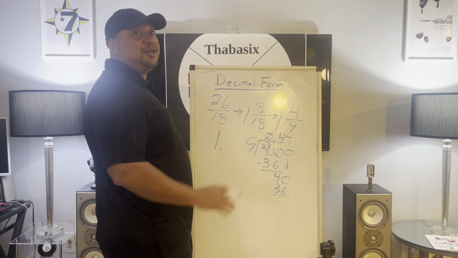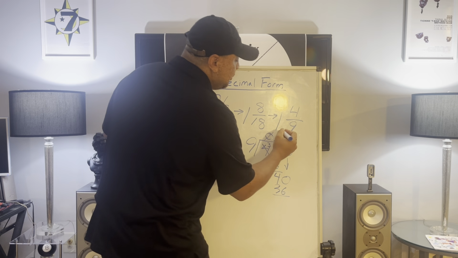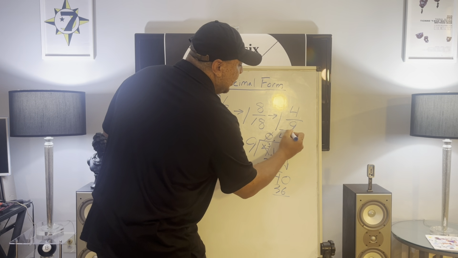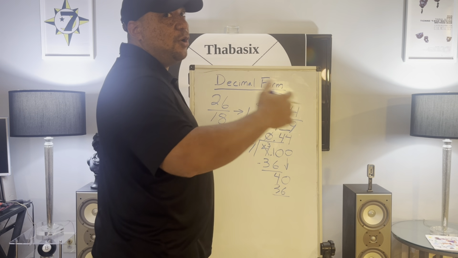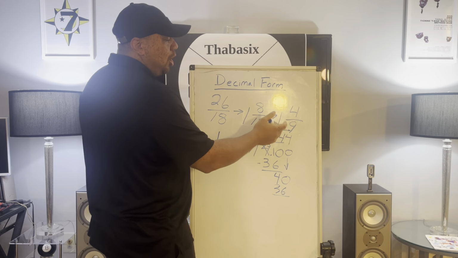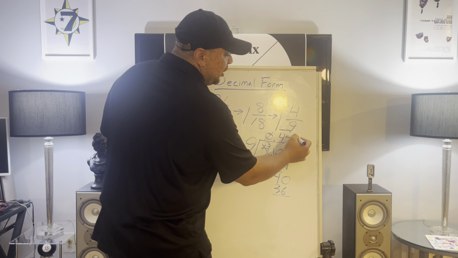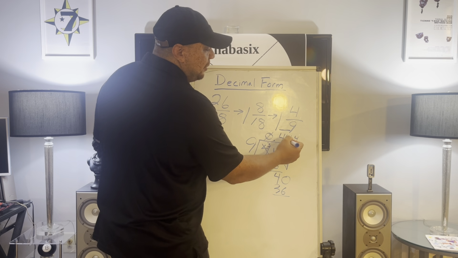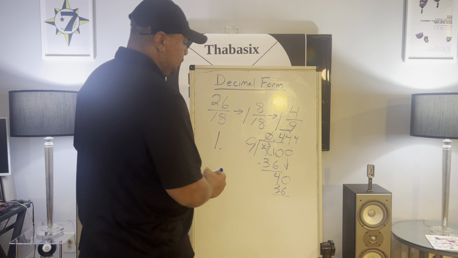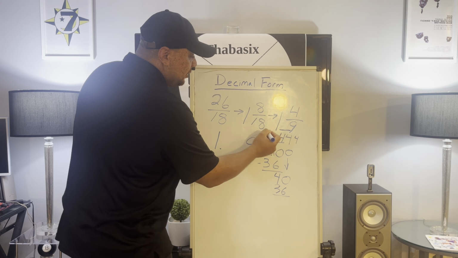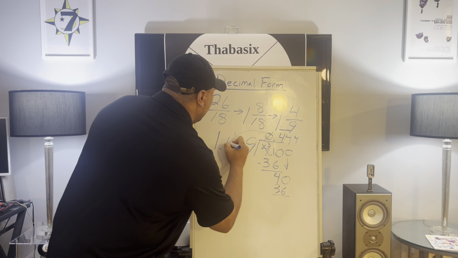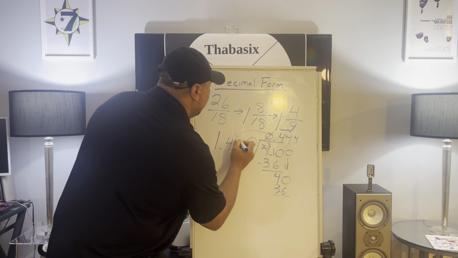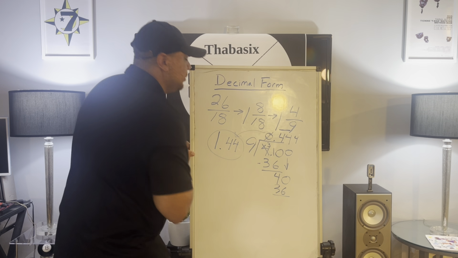We can do this forever and it'll still keep being 4. If you see a bar over the answer, a line like that, it just means 0.44444 to infinity. So we're just going to round it off. We know that 4 is less than 5, so that means we keep it at 0.44. We carry this over to here. 1.44 is the acceptable answer.